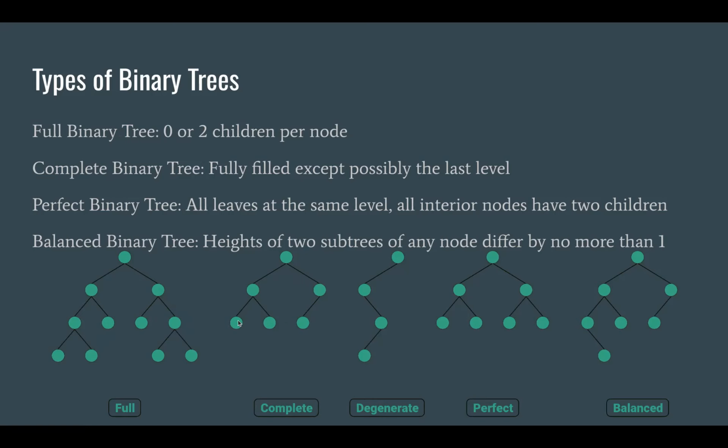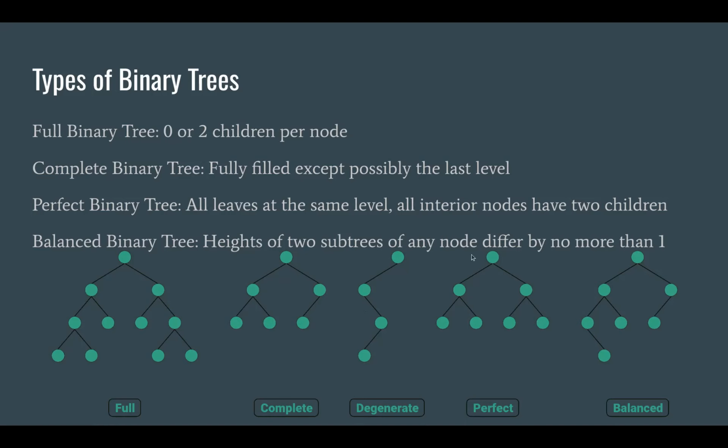In level 2, the left one is filled, then the next one, and the next one. And if we have another node to add, it will go in the rightmost node of level 2.